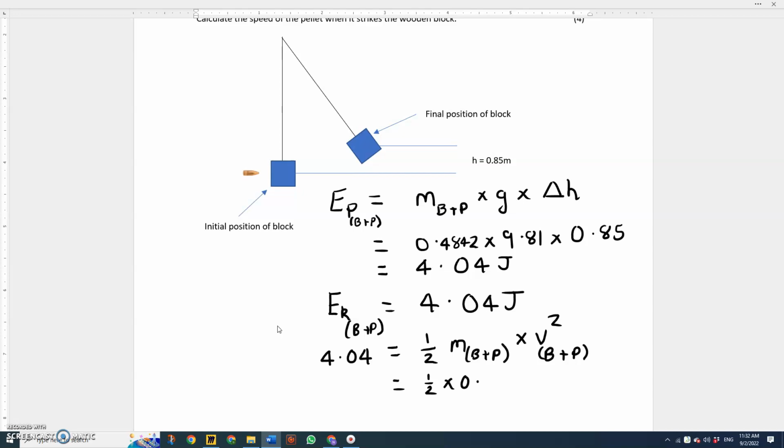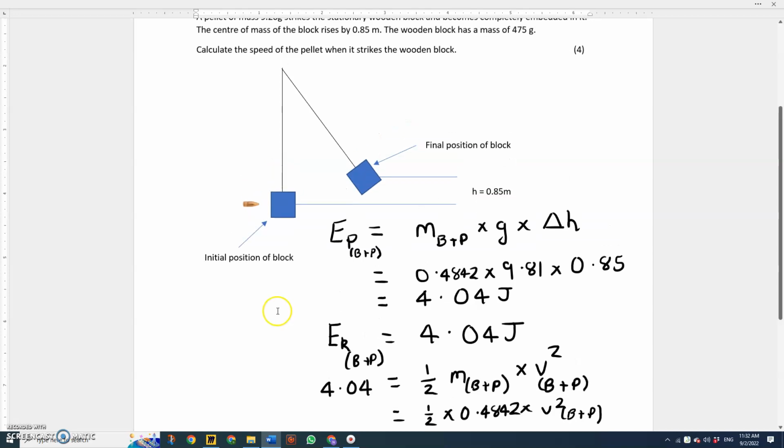Okay, so the mass of the block and the pellet is 0.4842, and we're trying to find the speed of the block and the pellet.